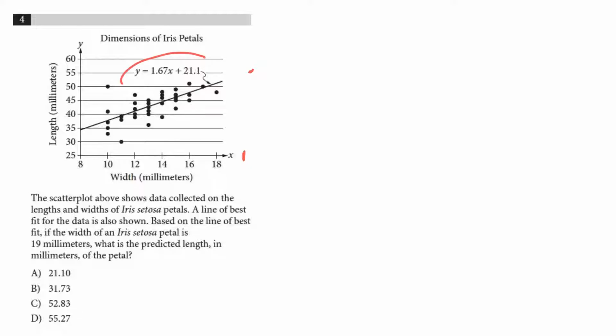Well, we've got an equation for the line of best fit, so all we need to do is plug in our input, which is 19. So y equals 1.67 times 19 plus 21.1.